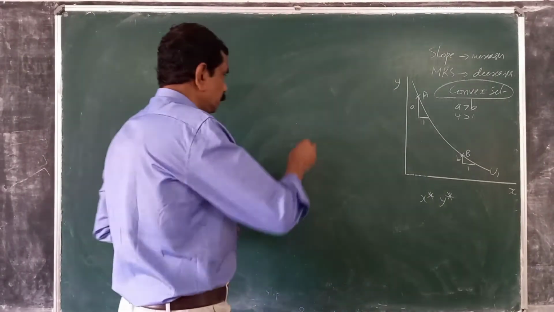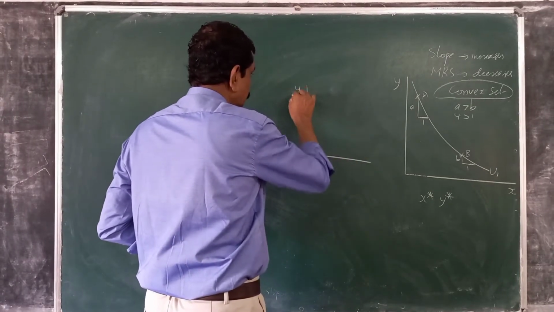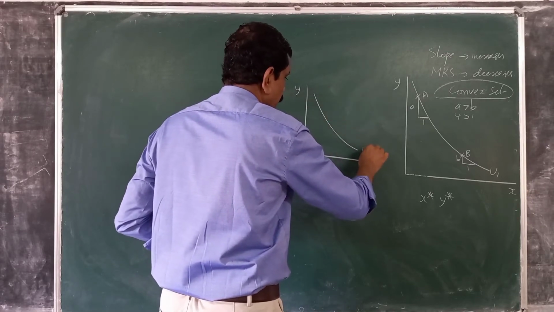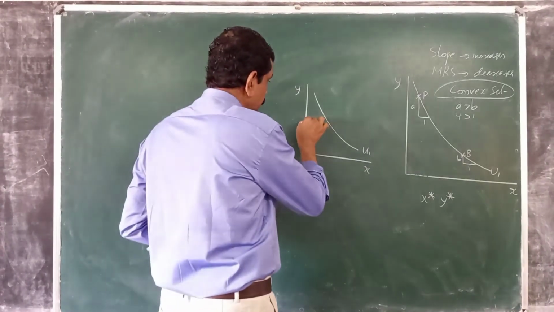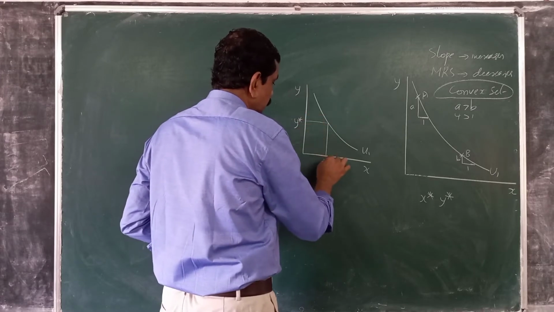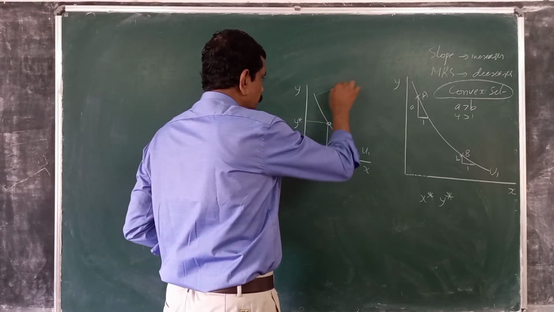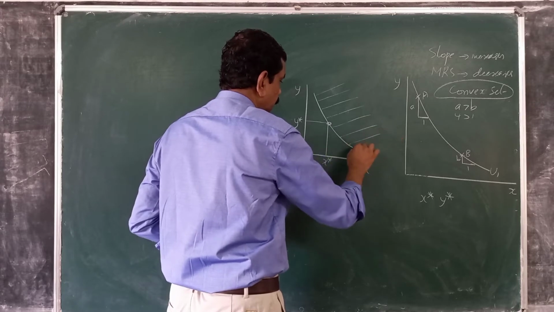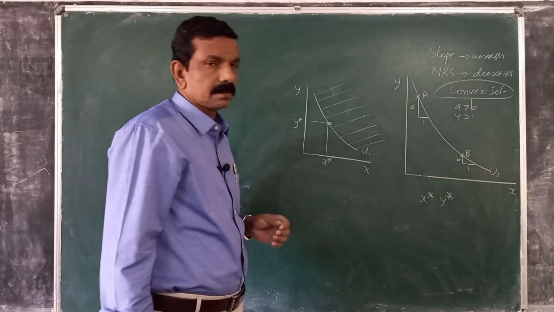As an example, consider this graph, y, x, u, u1. Now consider a combination y star, x star. We know that all the combinations in the shaded area are preferred or indifferent to y star and x star.